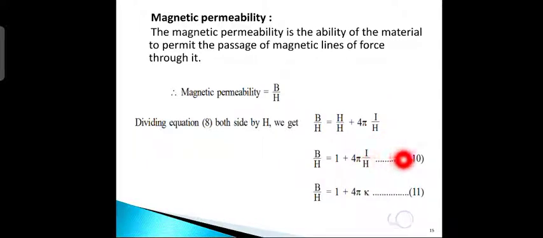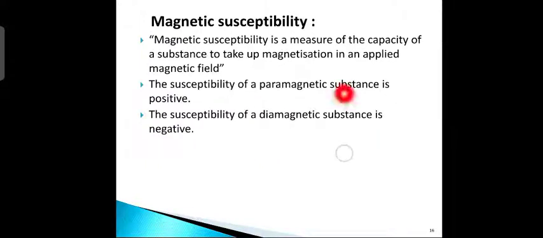Then B by H is equal to 1 plus 4 pi kappa. Let this be equation 11, where kappa is the magnetic susceptibility per unit volume.